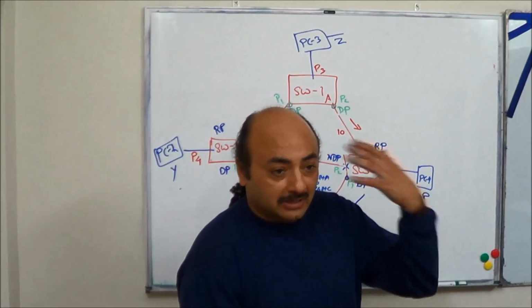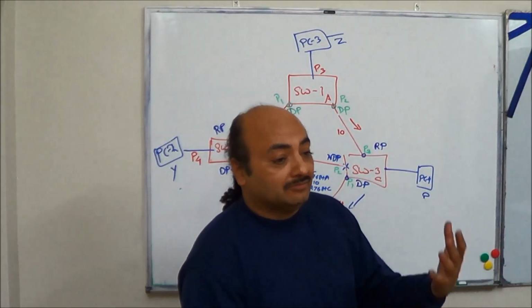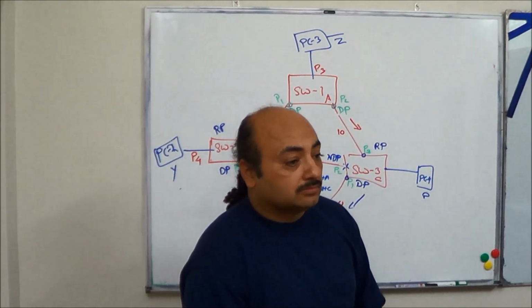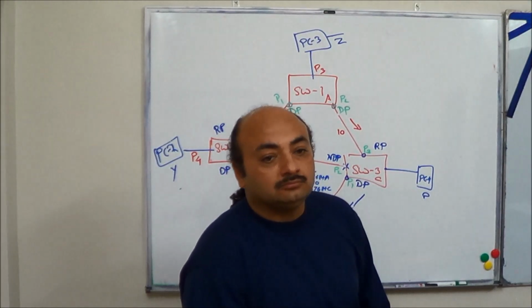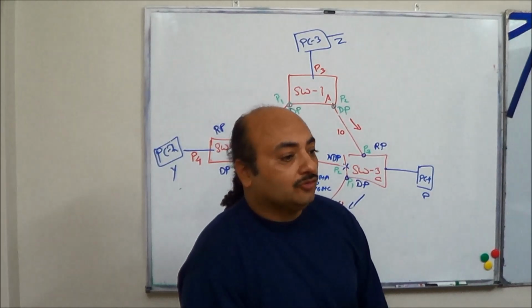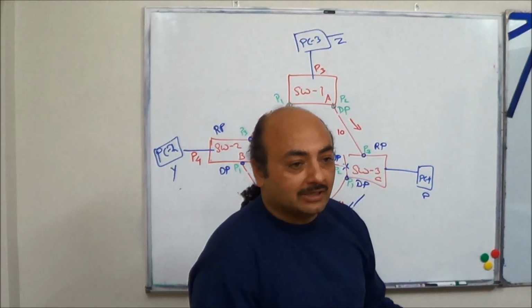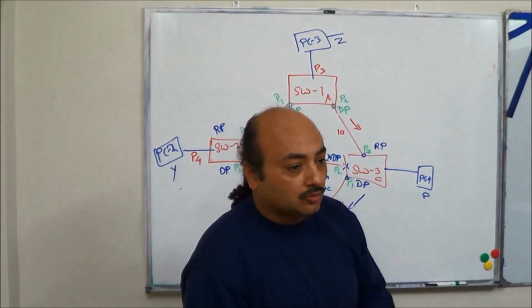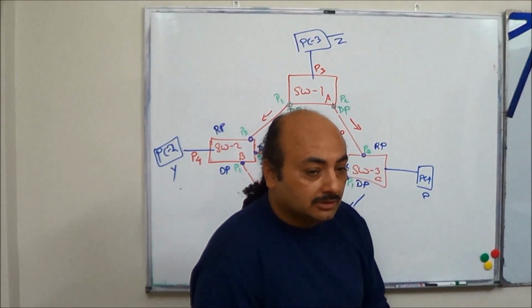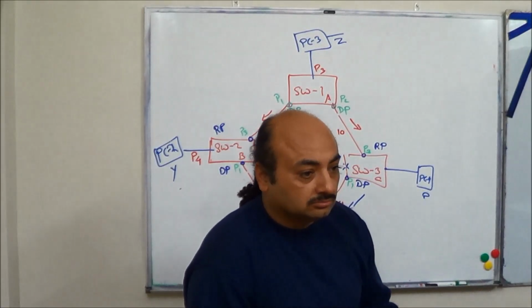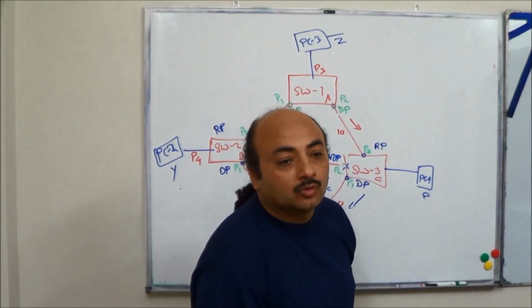Or put another way, when spanning tree is converged, some of the ports will be in the blocking state. If you run a show spanning tree command on the switch and find a certain port in the blocking state, you can indicate that spanning tree has converged.